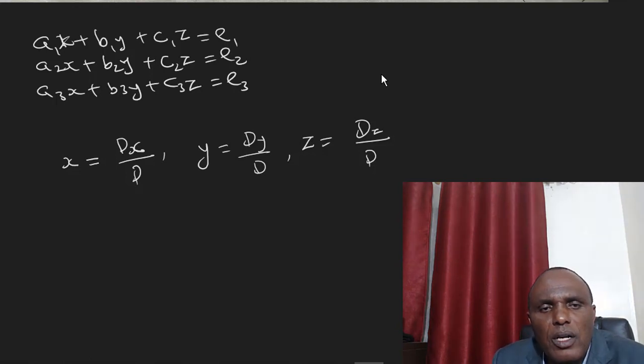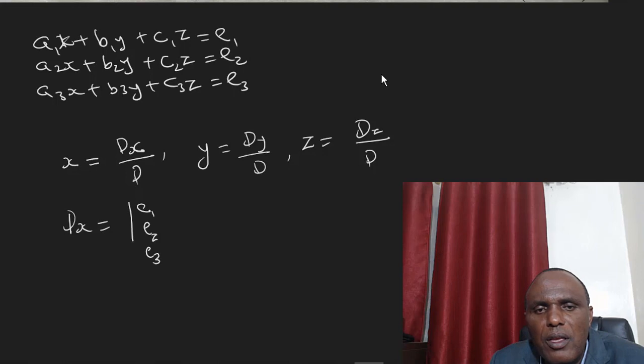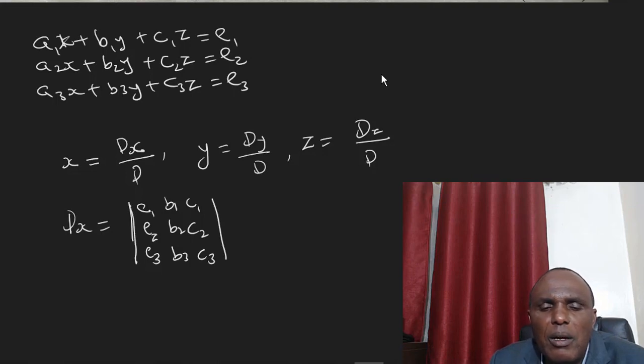So dx is equal to the determinant of this matrix, e1, e2, e3, b1, b2, b3, c1, c2, c3. That 3 by 3 matrix's determinant is what we are calling dx.